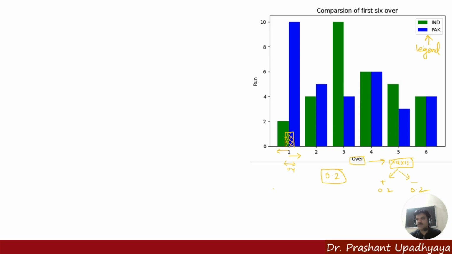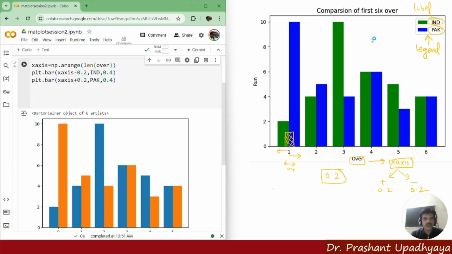To add this legend, we have to define the labels. So these are the labels. We have to define the label as India and then the label as Pakistan. So let me do this. Here again, I will write label equal to IND India, and the color which I am giving here is blue for India.